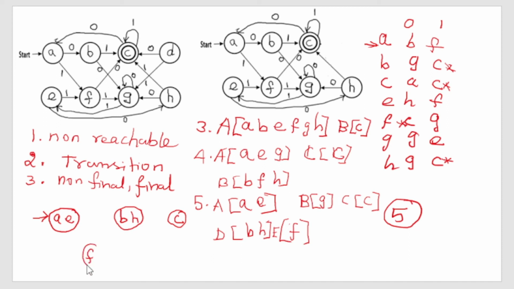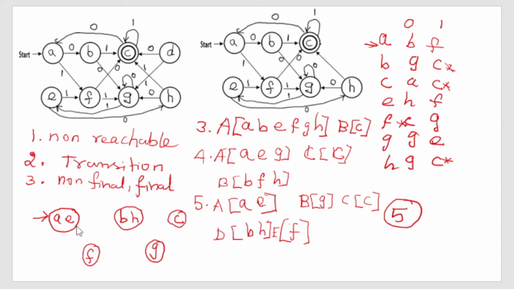Let us connect all the states so that we will be able to get the minimum number of states in a finite state automaton. So A and E are connected to the state BH with the transition 0.